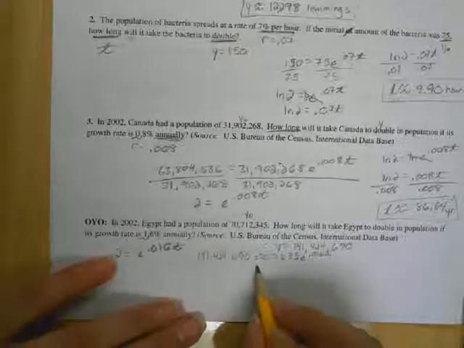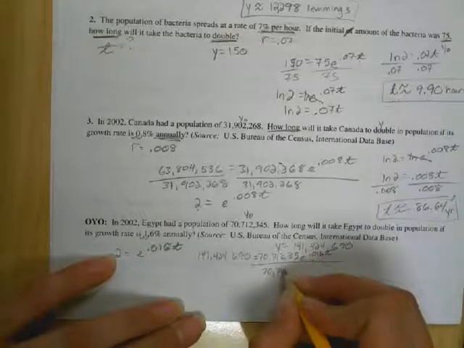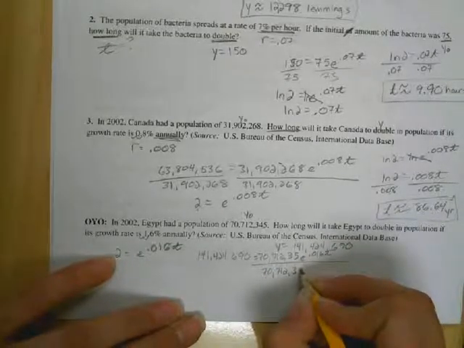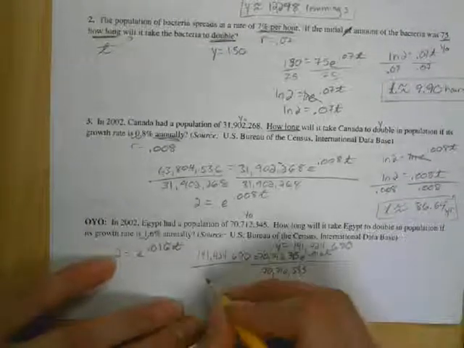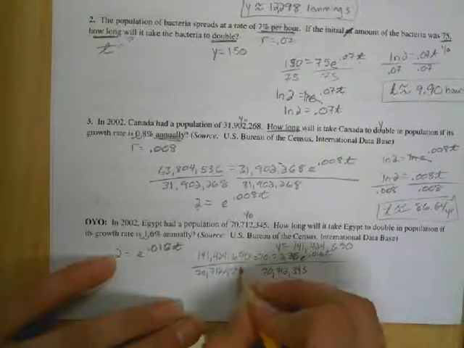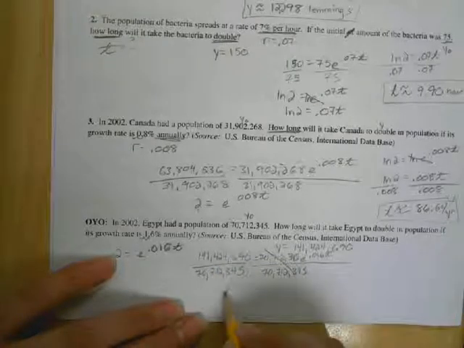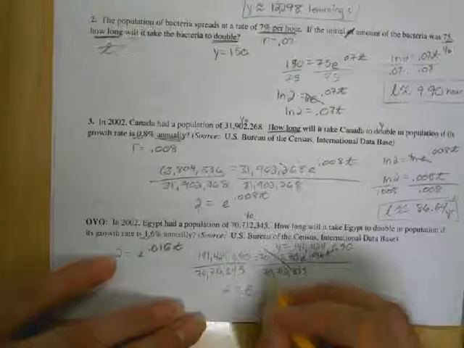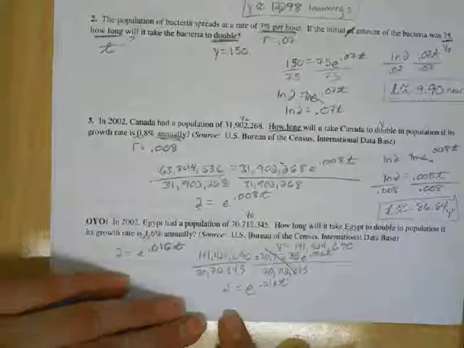And then when I divide both sides by 70,712,345, those go away, and that equals 2 equals e to the 0.016t. So that's why I'm able to just do that skip, because I'm doubling.